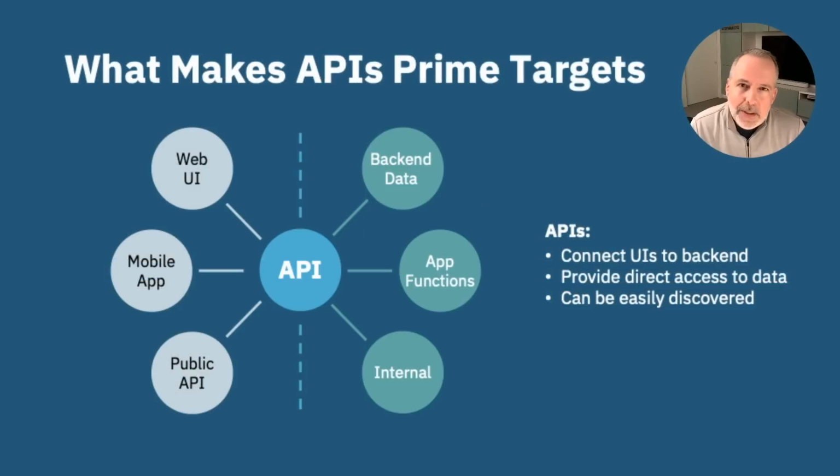But why specifically APIs? What is it that makes APIs so appealing? This very simple graphic really paints the picture, right? If you look at where APIs sit, they are the glue, the connective tissue that make the internet work. Every time I log into my bank account, there's an API call. If I want to deposit a check, that's a different API call. If I want to transfer money, a different API call.